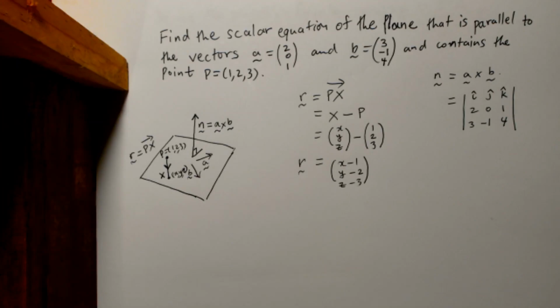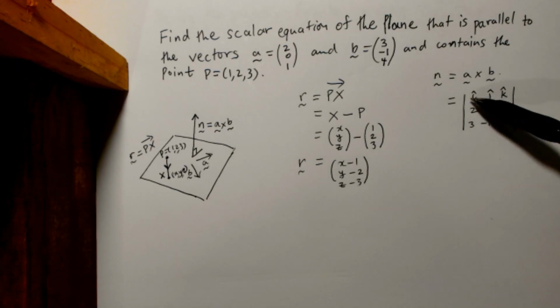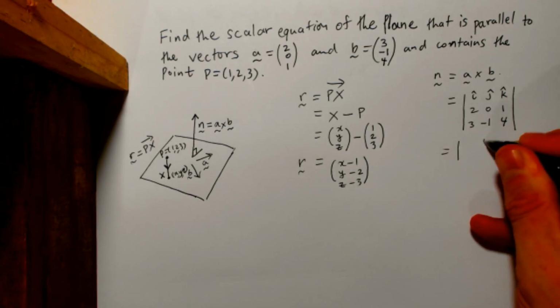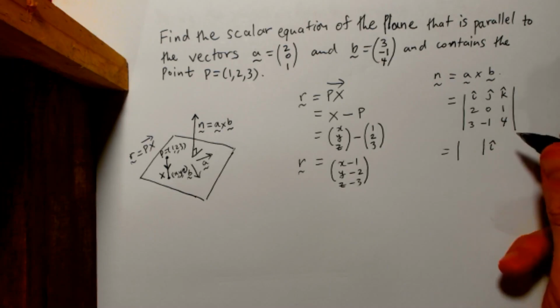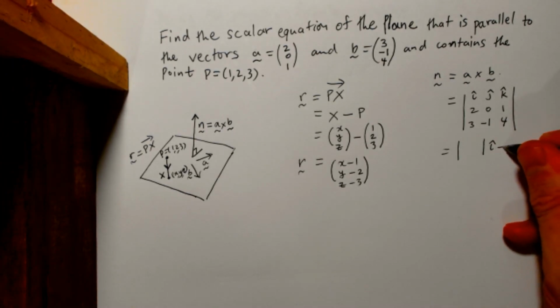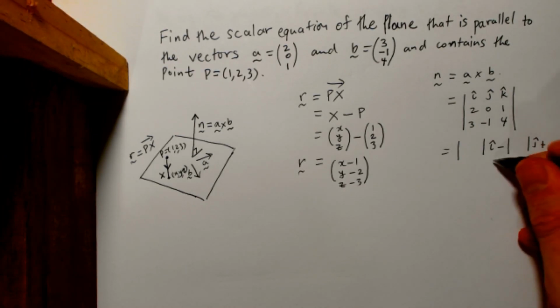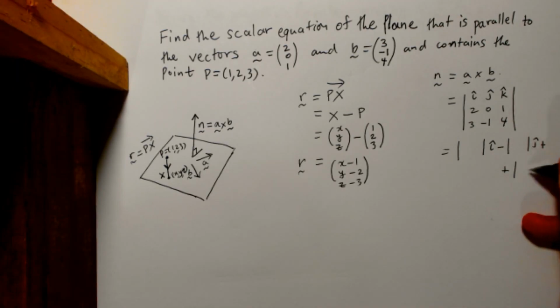And now I need to calculate this determinant. So remember how we do this. Expanding across the top row, this is equal to a 2 by 2 determinant times i hat, and then minus a 2 by 2 determinant times j hat, and then plus a 2 by 2 determinant times k hat.